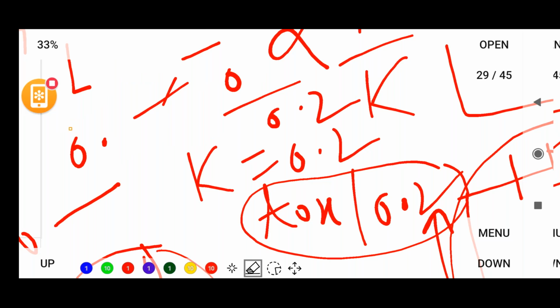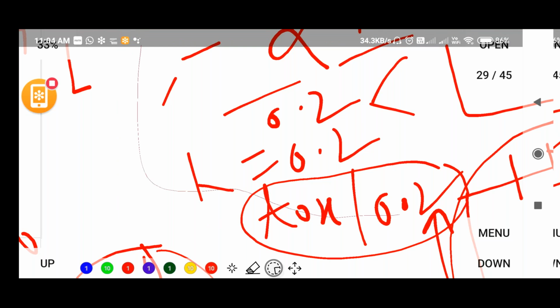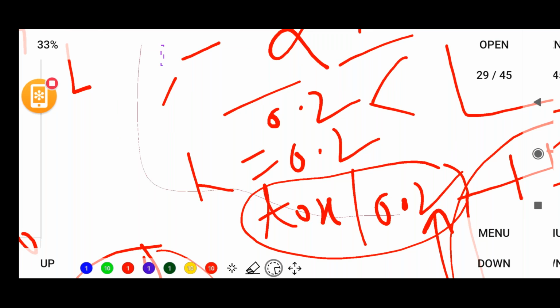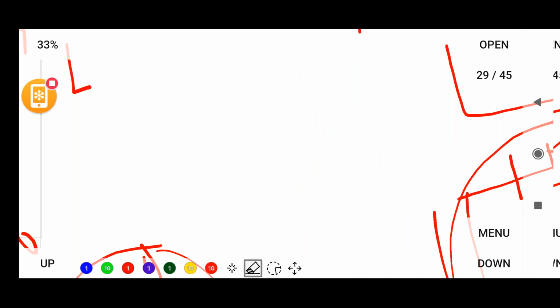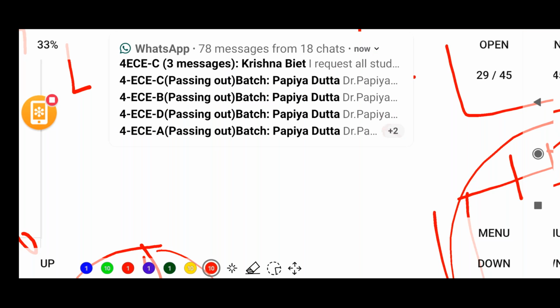Again, I present what the case is here in this slide. Suppose this is your L and this is your W, and one more parameter is TOX. These three parameters are proportional to 1 by K. What is K? K is your scaling factor.